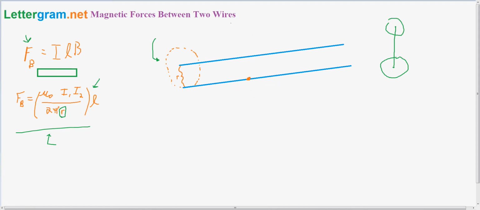If you get two currents in opposite directions, one in one direction, one in the other, you get two forces repelling them. This is due to Newton's third law, equal and opposite forces, and I'm not going to go into that too much in this video, maybe later.